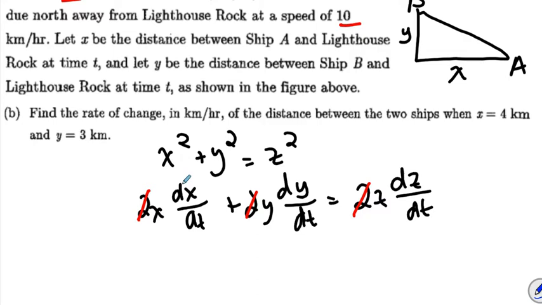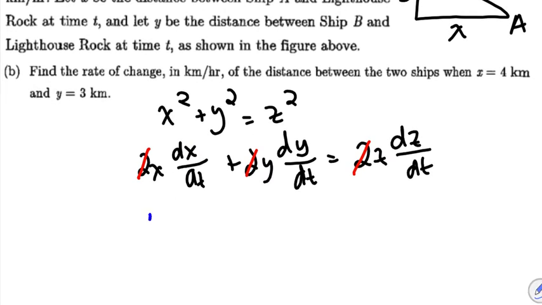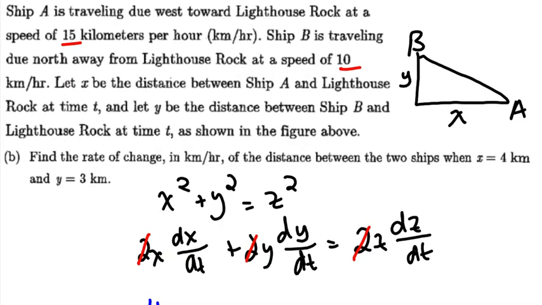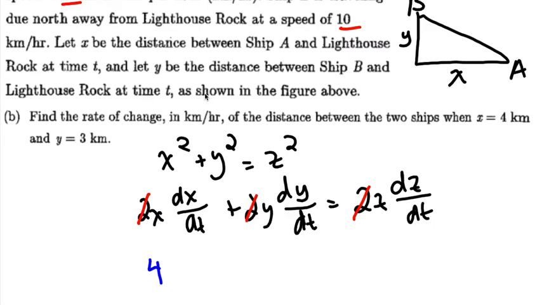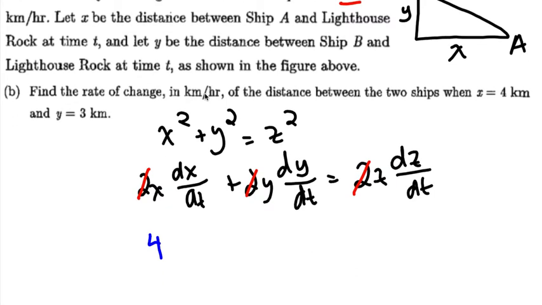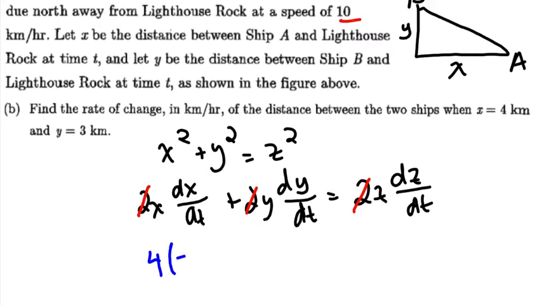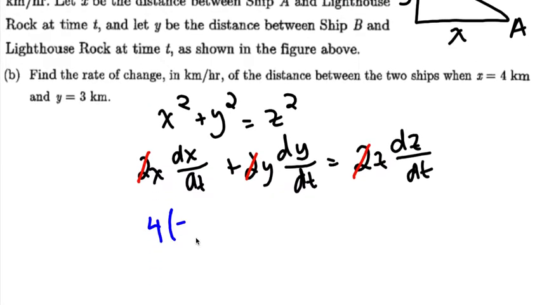So anyway, we know that x is 4. And dx/dt was the rate that the ship was traveling toward the lighthouse. If they're going towards the lighthouse, that should be a negative value, so negative 15.